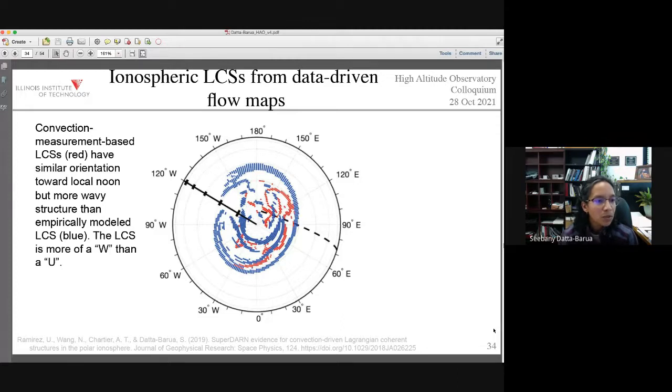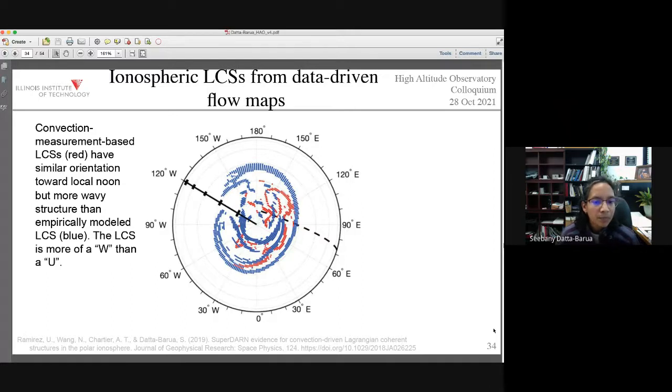A former student, Uriel Ramirez, built on Ningxia Wang's work and said, okay, well, what if I use SuperDARN and look at the convection maps, the convection patterns from SuperDARN, because Weimer's an empirical model, maybe we can get something more nuanced from having something that is a little more data driven on an epoch by epoch basis.